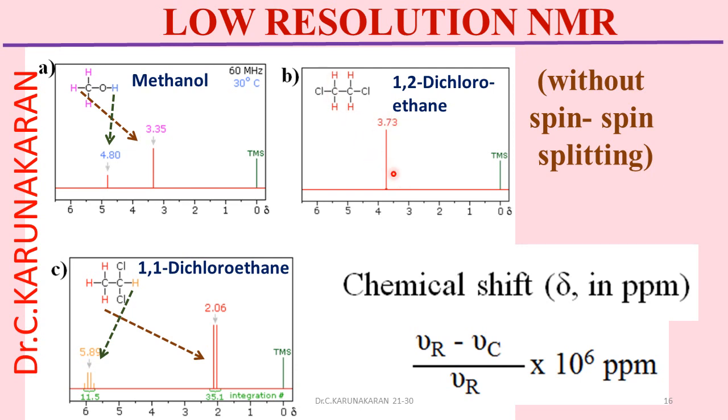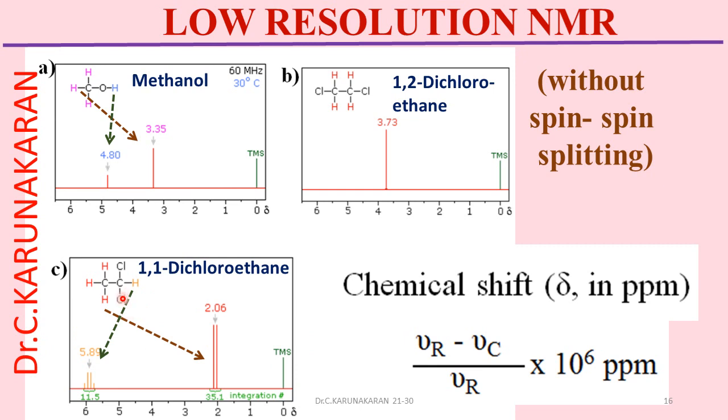Therefore, you will get only one signal for these CH2 protons, with high intensity because there are four protons. If the number of protons is more, then the height of the signal will be high. This is the reference compound signal, TMS. With respect to this, the chemical shift value is calculated.